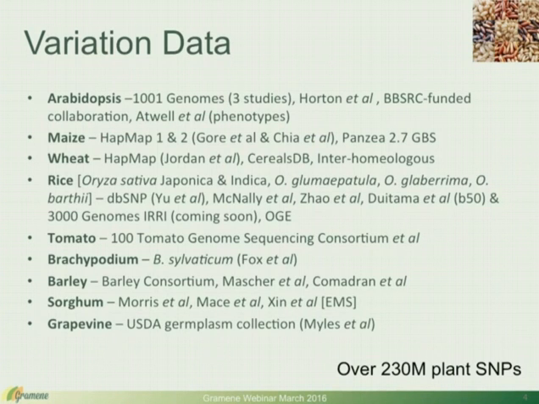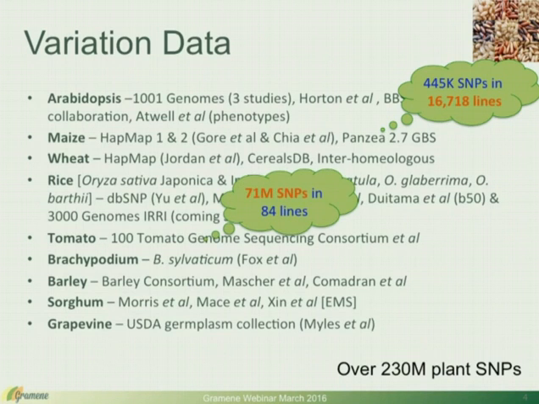At the end of this webinar, I have a table with full details about the number of variants, the populations that were genotyped, etc. What's most interesting is that at this point we have over 230 million plant SNPs in our databases, and a couple of interesting details come from the maize variation set at Panzea.org, because it includes over 16,000 maize accession lines.